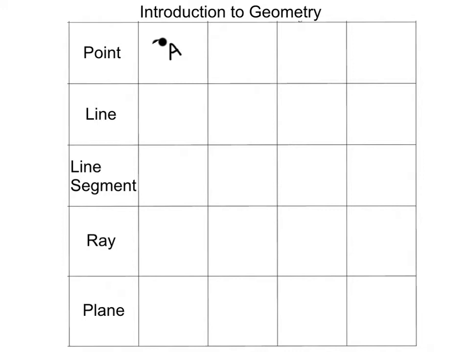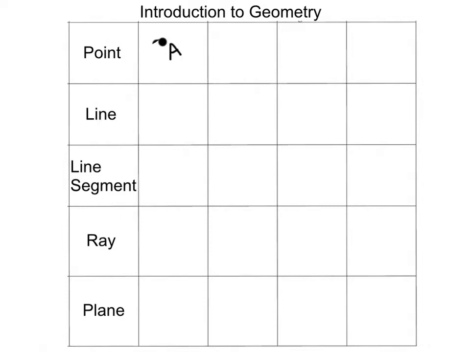The next thing we're going to look at is a line. And again, this is something that you guys are probably pretty familiar with. In geometry, a line has only one dimension. It has length, and that's all. No width, no depth, which again is impossible for us to draw because anytime we draw something, it has at least two dimensions.